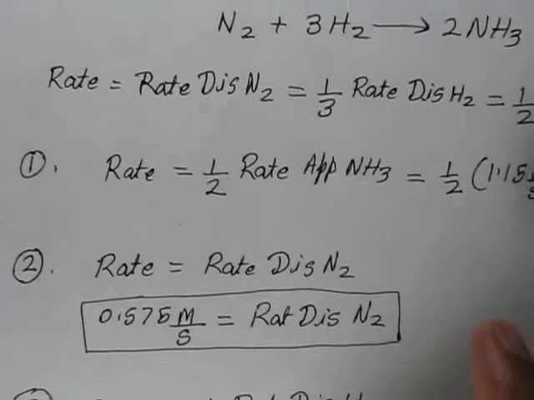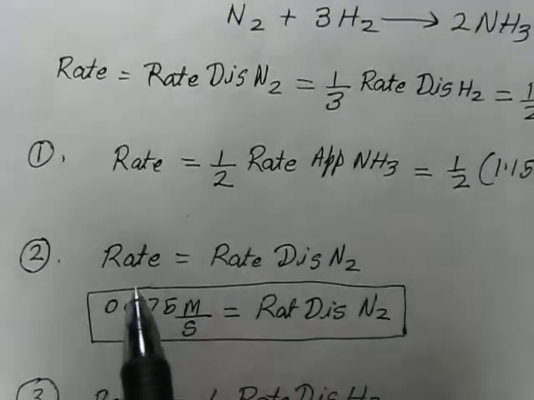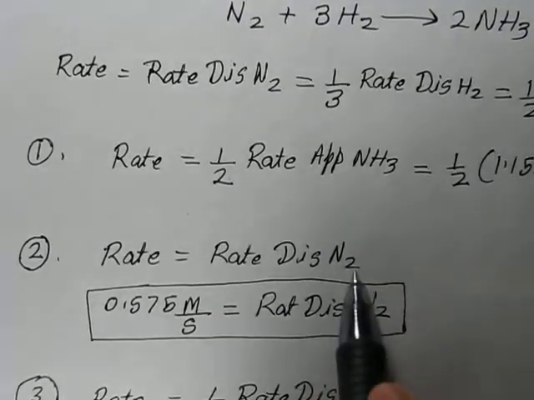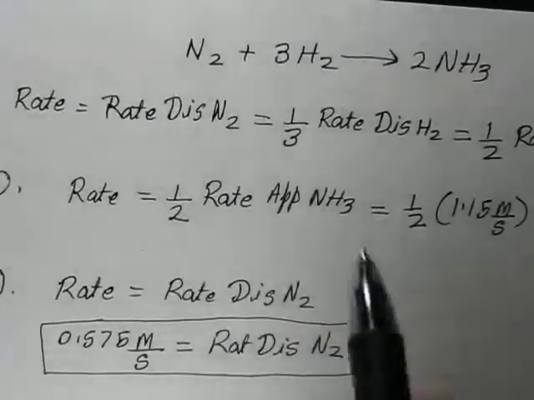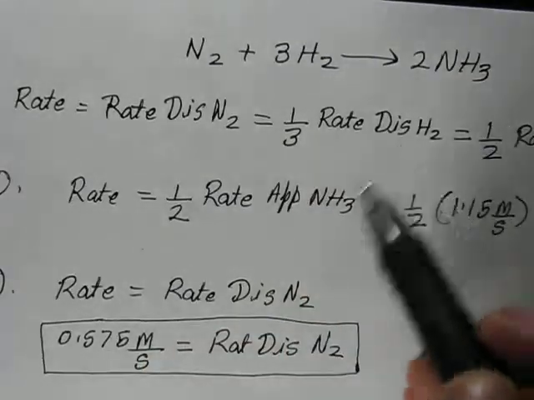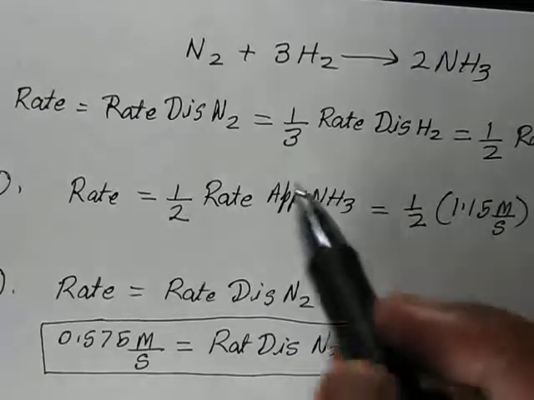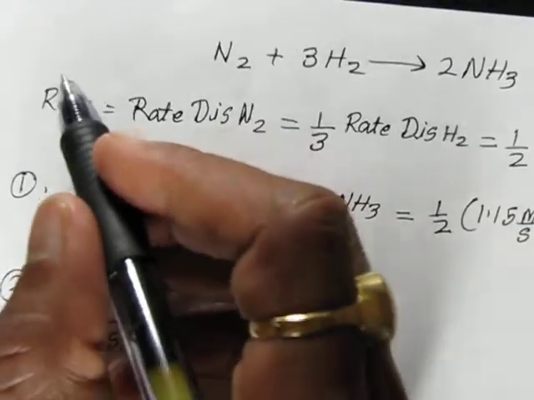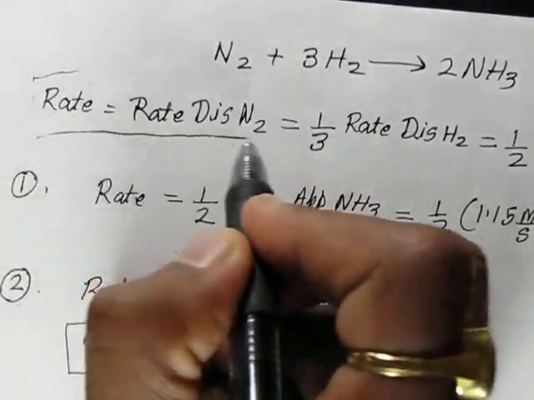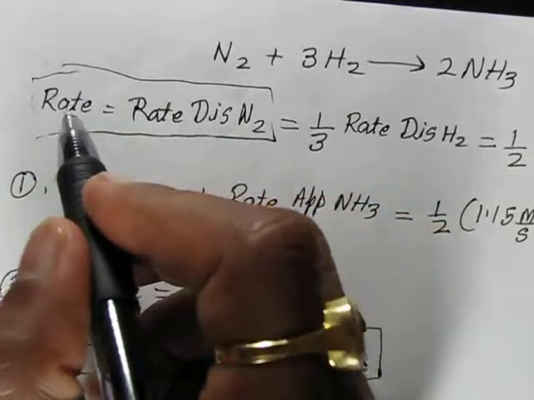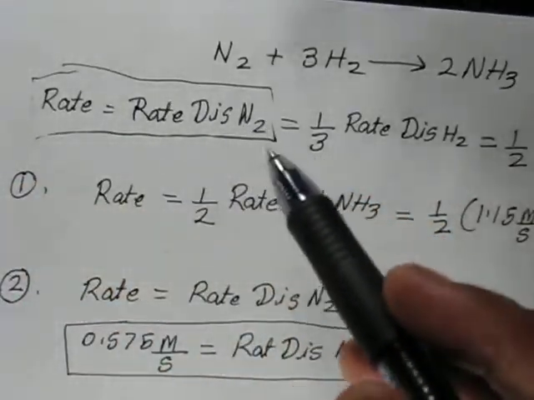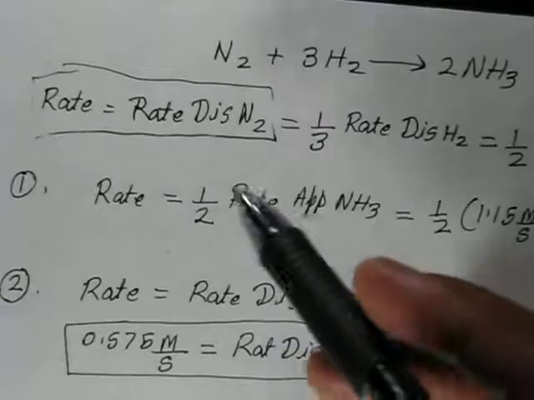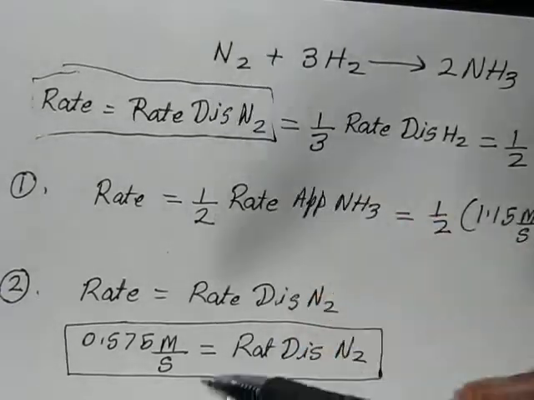Next, they are asking for the rate of disappearance of nitrogen gas. So the relationship between the rate of reaction and the rate of disappearance is equal, without any fraction, because the coefficient is 1.